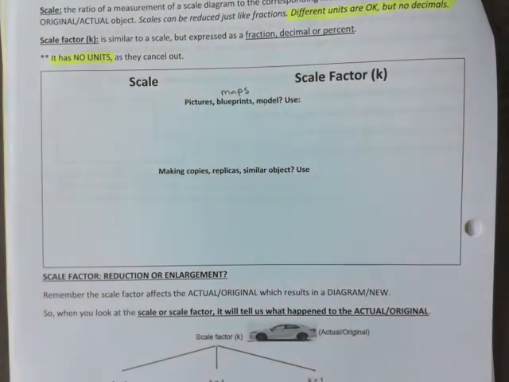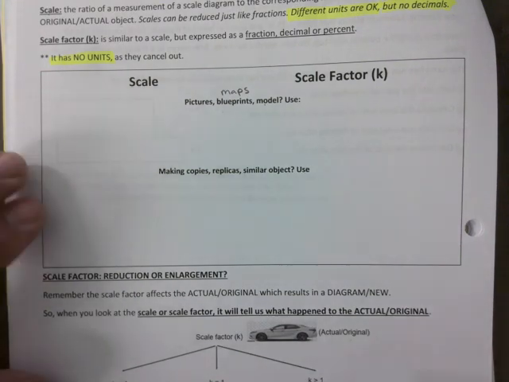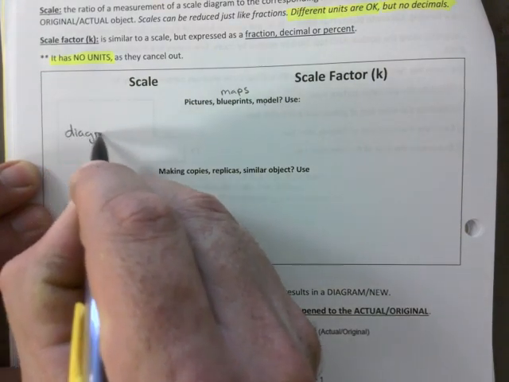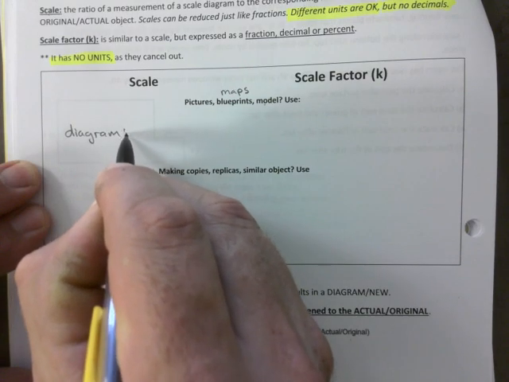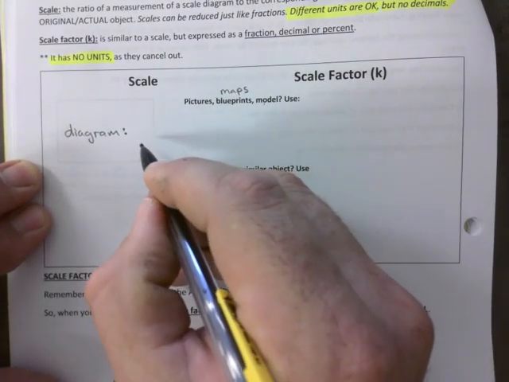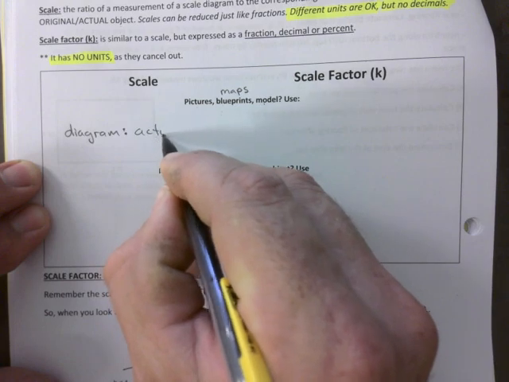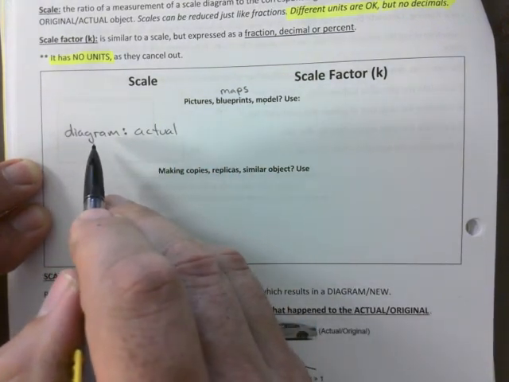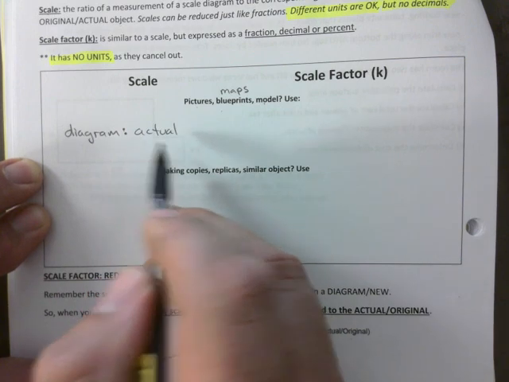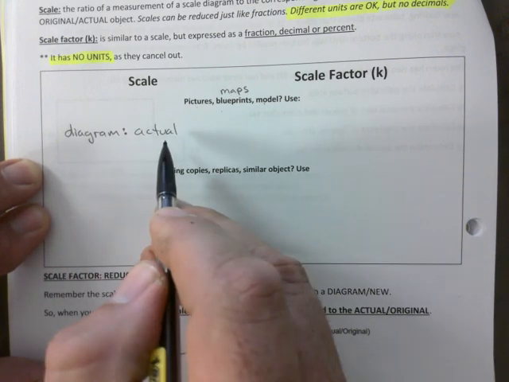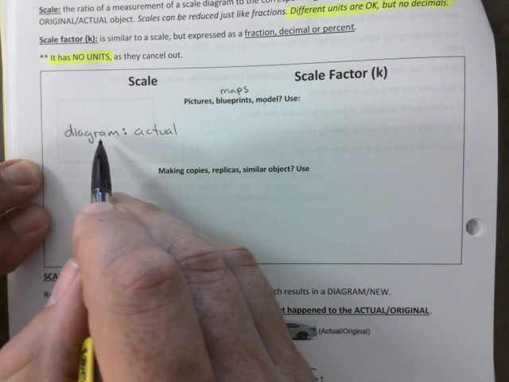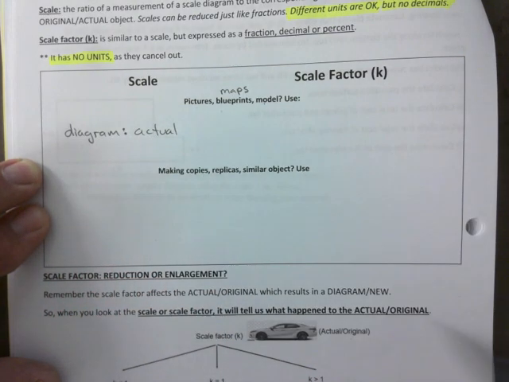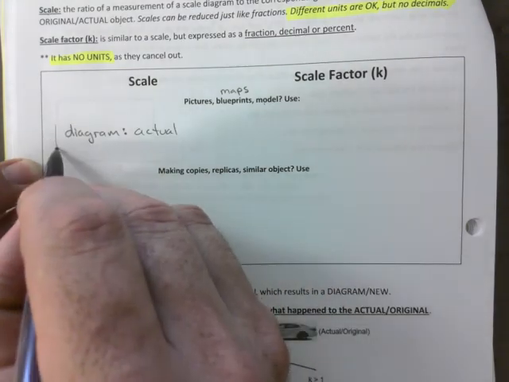When you're looking at a map, you should be using diagram compared to, right, actual. Right, so the scale on a map, you can see at the bottom 1 to 10,000 or 1 to 1,000,000 or something like that, right? So what it is on the diagram and how much does that represent on the actual landscape. So this is the scale, okay?